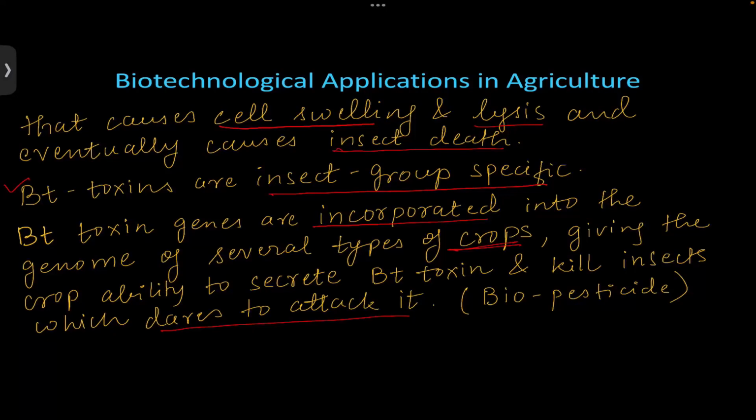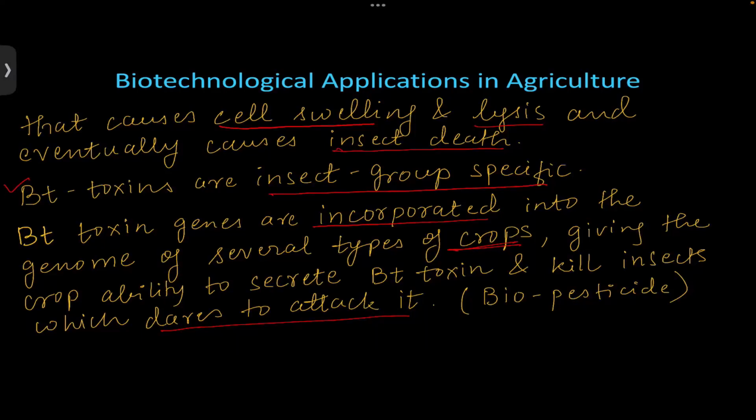So the people who are studying crops like cotton found that a certain type of bollworm very frequently infects cotton crops, ultimately resulting in loss of the harvest.